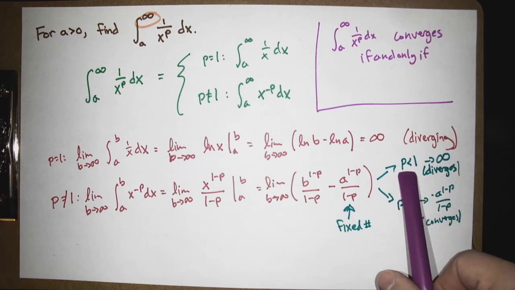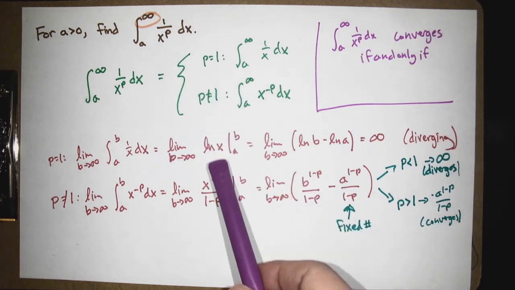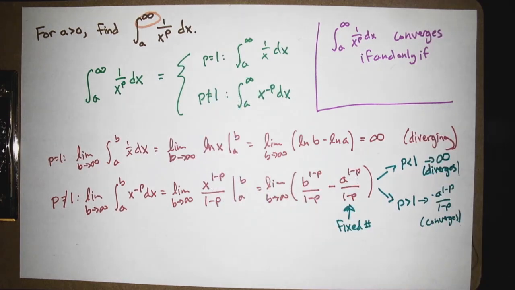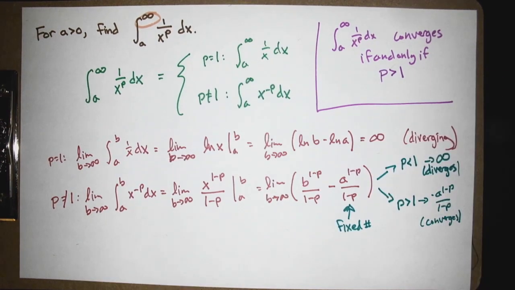If p is less than 1, diverges. If p is 1, diverges. So when does it converge? Yeah, p is greater than 1. So this is a very simple integral, but we will get a lot of mileage out of this fact. So 1 over x to the p dx, that integral, converges if and only if p is above 1.